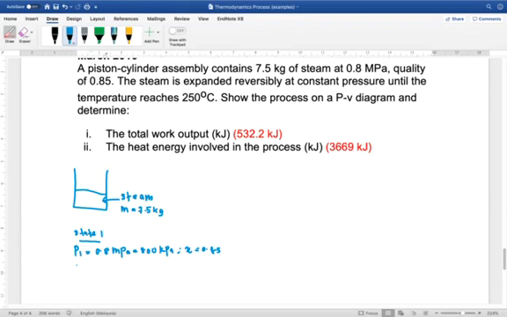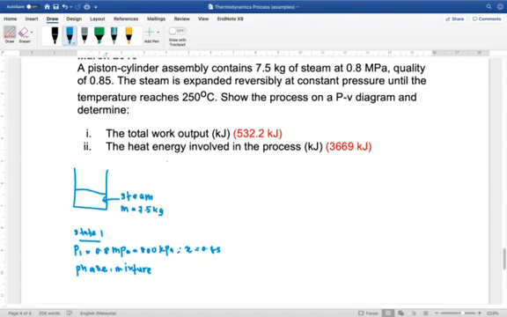Please be careful. This question is about steam, okay, not a gas. Since state 1 is a mixture, a saturated liquid-vapor mixture, we write it here as a saturated mixture.